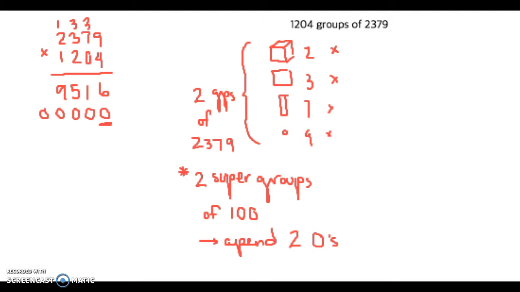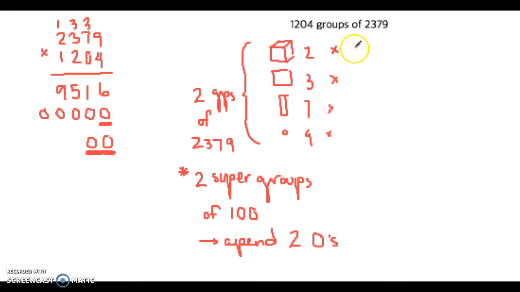So now we're going to move on to our 200 groups of 2,379. And because this is 200, this is 2 supergroups of 100. What's important is that we need to append 2 zeros right here for placeholders because we're multiplying everything by 100, essentially, or technically 200.